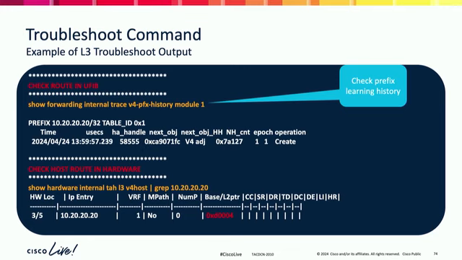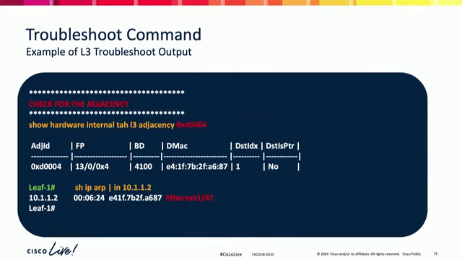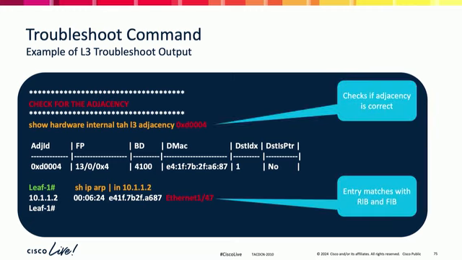This command is very useful if you want to find out how I was learning this prefix yesterday when I was having a problem. The next command it's going to check is the V4 adjacency entry in the V4 host table, grab that adjacency index from there, and automatically run the next command to check the adjacency in the hardware and make sure they're pointing to the correct interface 147.